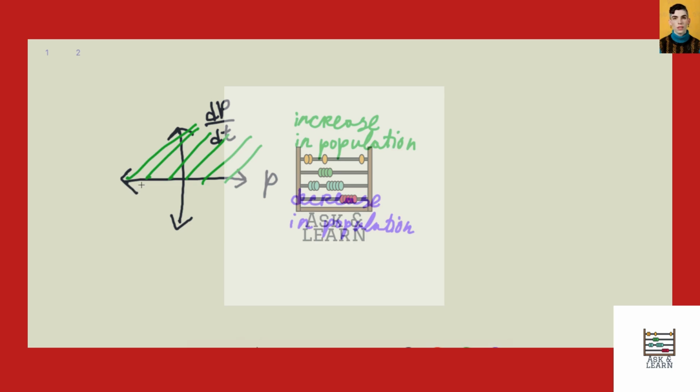And similarly, when it's negative, it's going to correspond to the area below the p-axis and the decrease in population.